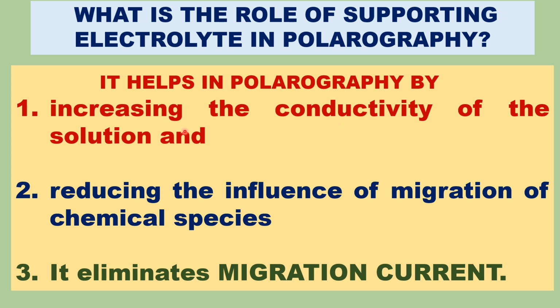It increases the conductivity of the solution first, then reduces the influence of migration of the electroactive species. Therefore, it eliminates the migration current. We need only diffusion current, which is directly proportional to the concentration of the species, that occurs due to concentration gradient. That is very important. So we have eliminated migration current to accurately calculate the diffusion current for quantitative analysis.